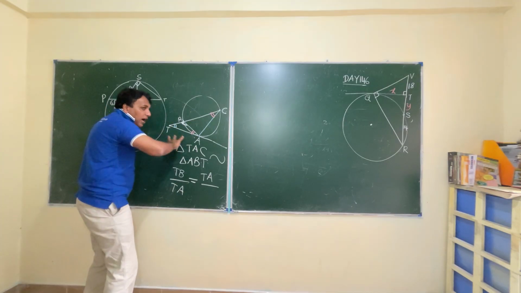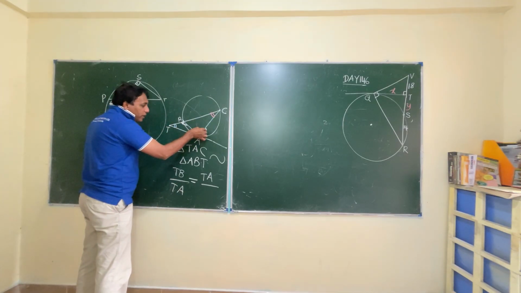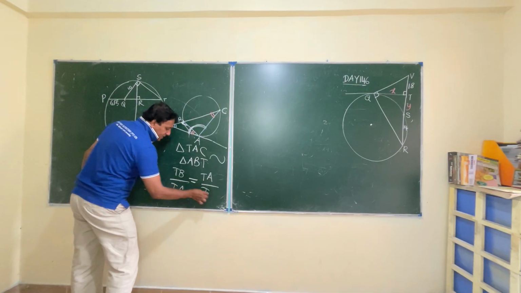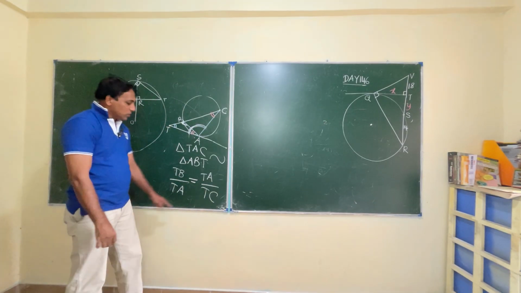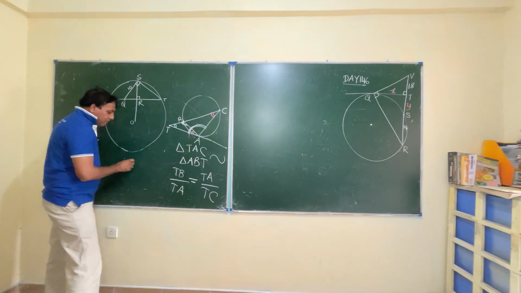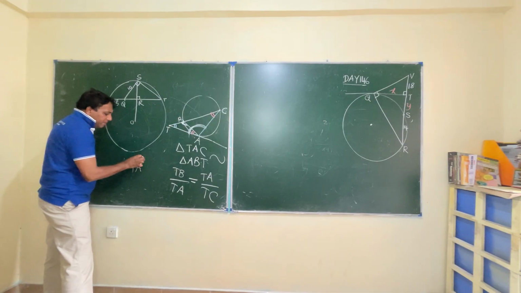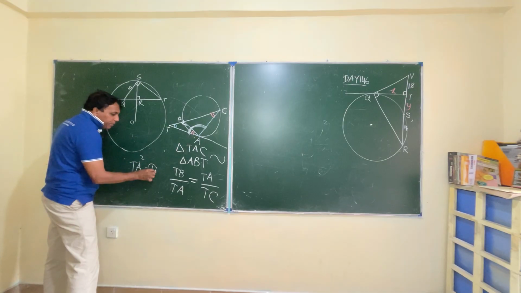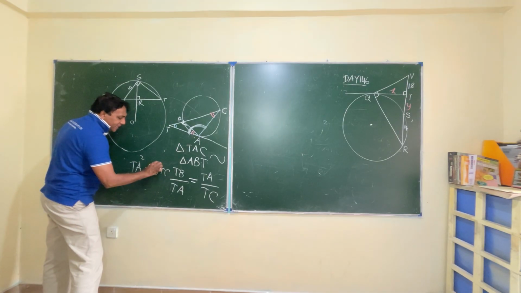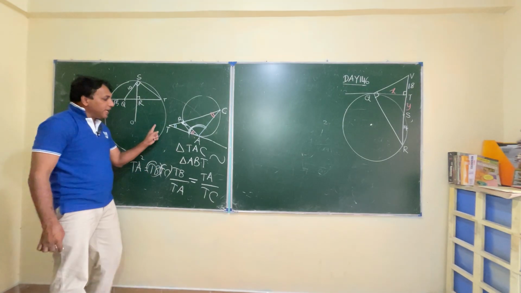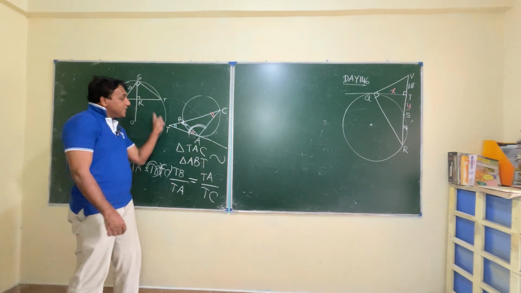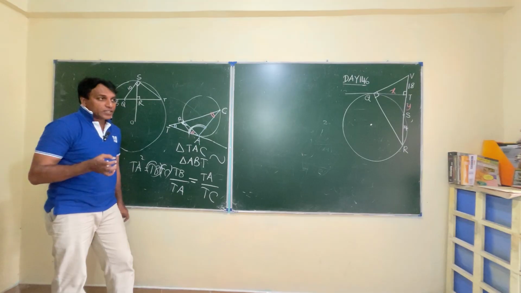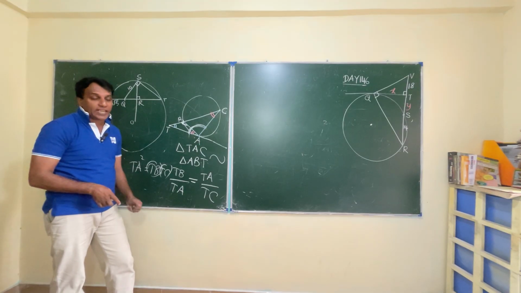Small triangle, large triangle. So cross multiply. Therefore, TA square equals TB into TC, famous geometry of circle, called the tangent secant theorem.